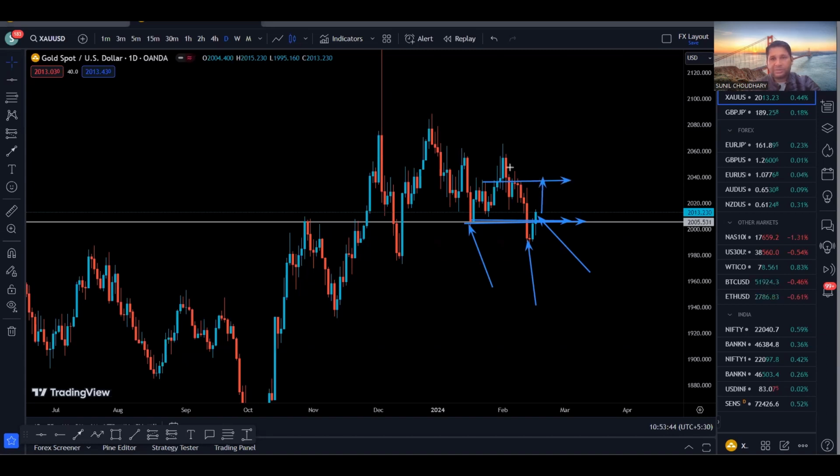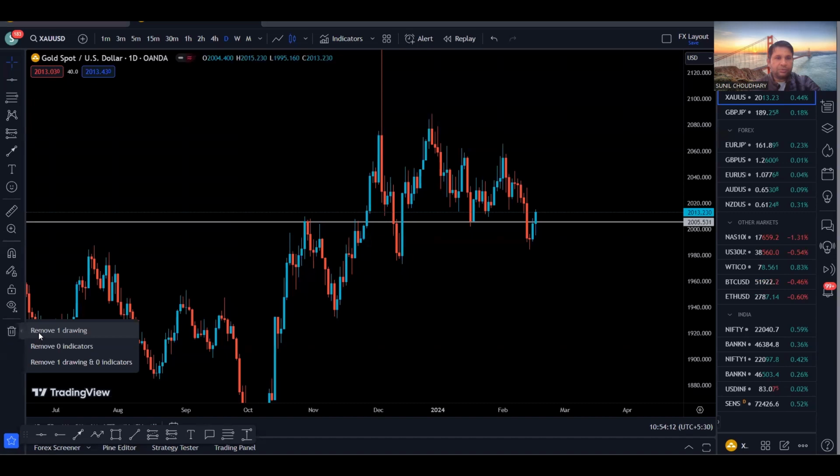And if we break this resistance, the price has a higher probability to come to the next resistance, which is right here. Also we can see on the daily time frame, price is making lower lows and lower highs, right? So we created a new high. Finally, if the price can come into this area and find resistance, we have a higher probability for the price to come to the downside, and hopefully create a new lower low. So that is something we see on the daily time frame.